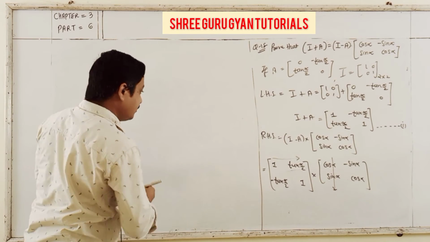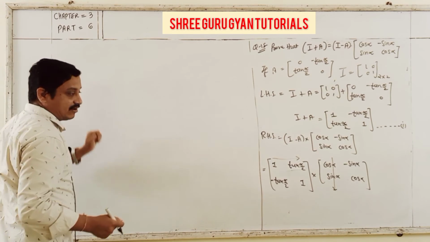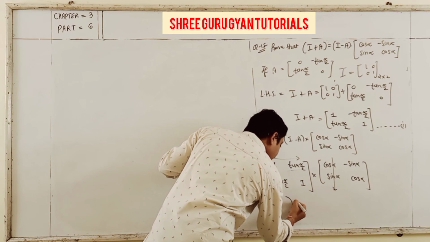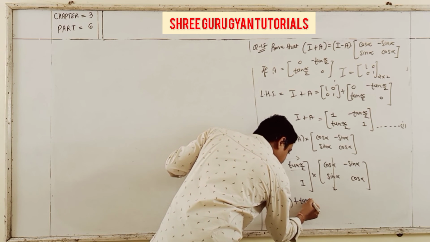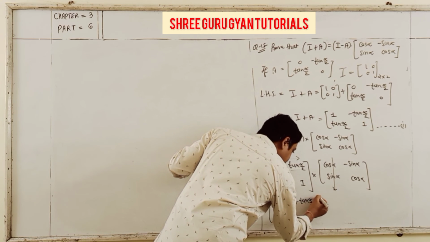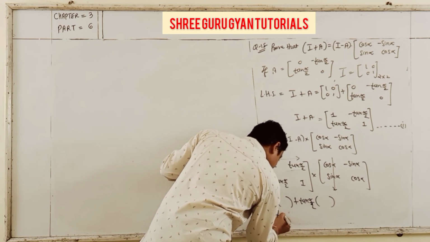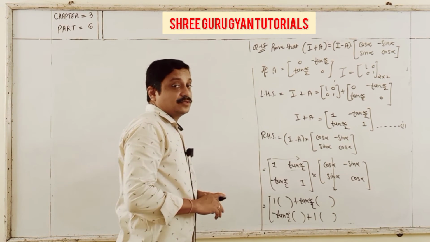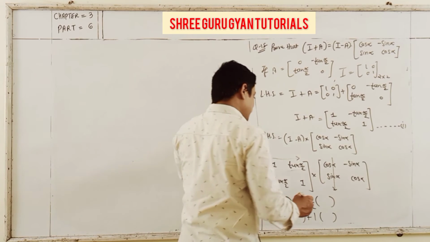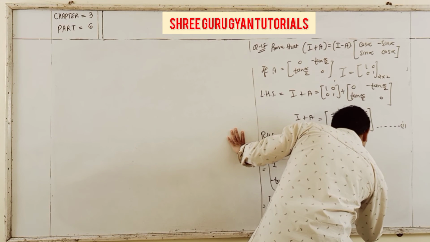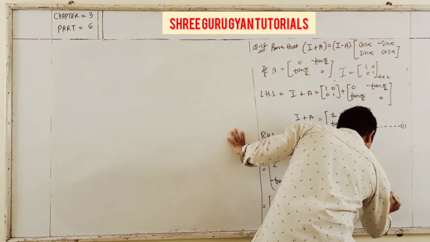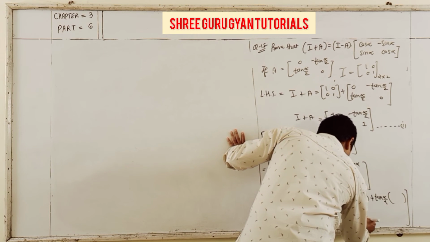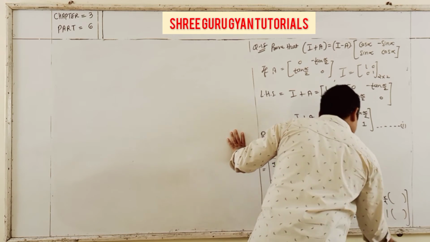So first, multiply the first row by cos alpha. I write down 1 bracket plus tan alpha by 2 bracket. Similarly, minus tan alpha by 2 plus 1 bracket. Just write down 2 times: 1 bracket tan alpha by 2, and last minus tan alpha by 2 with the 1 bracket.